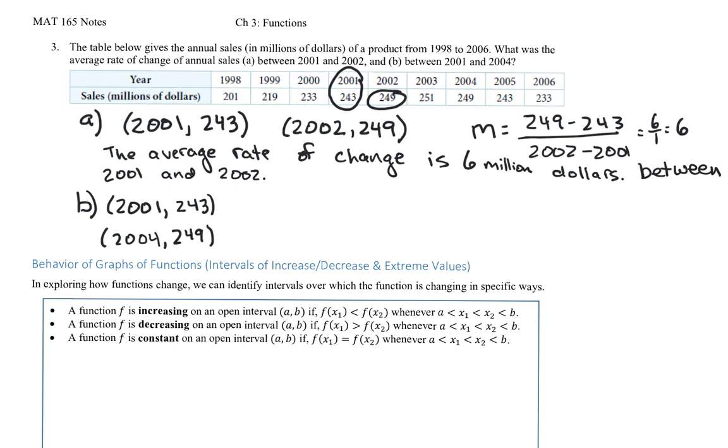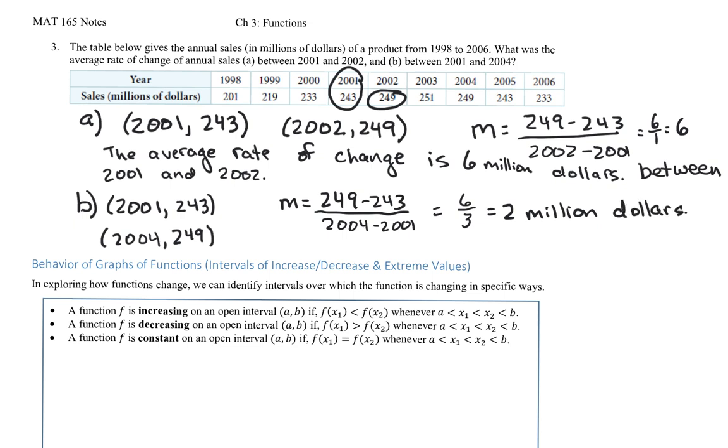Using our average rate of change formula, our average rate of change between 2001 and 2004 will be $2 million. And that's the end of our first video for section 3.3.